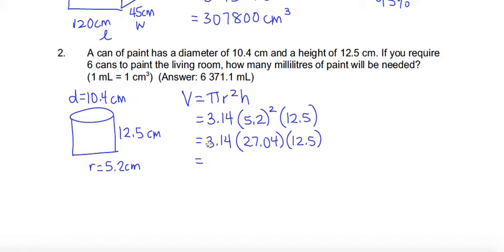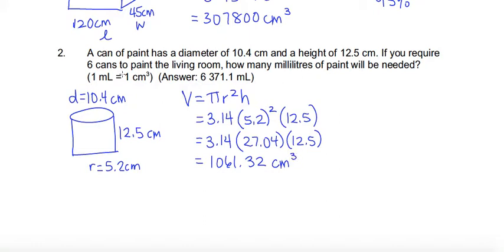Next thing I want to do is multiply all of these numbers together. 3.14 times 27.04 times 12.5 gives us 1,061.32, or I could round this if I wanted to. I'm going to keep 2 decimal places for now, and the units are centimeters cubed.